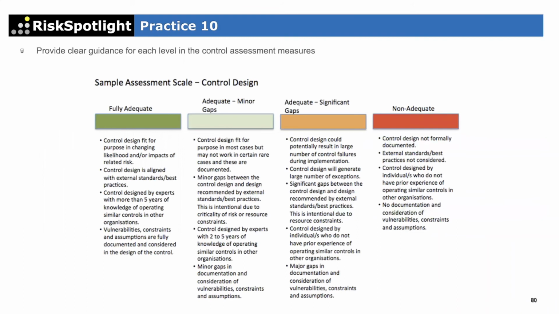And then give them as much guidance as possible so that when they're assessing, let's say in this case, the design of the control, they know what criteria they need to consider.